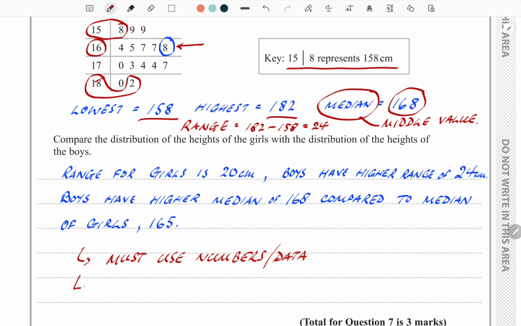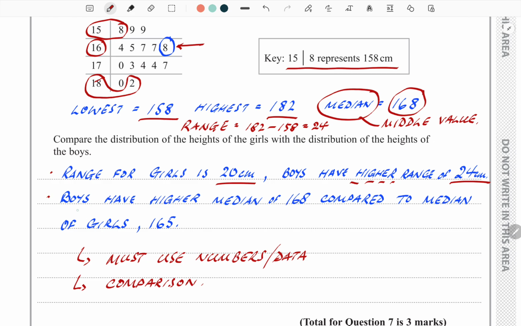And the second thing, you must use a statement of comparison. So I'll explain what that means. My first point is that the range for girls is 20 centimeters, and boys have a higher range of 24. So there's your numbers, and saying that the boys have a higher range is a comparison of the two.